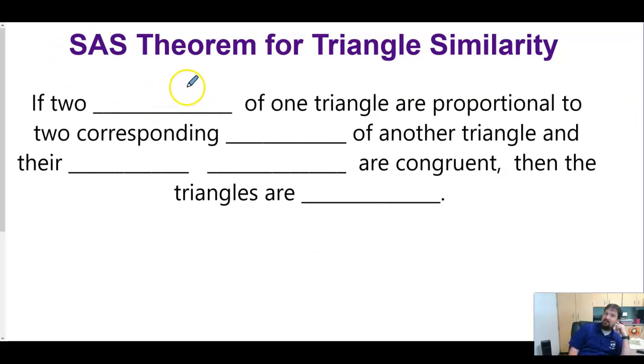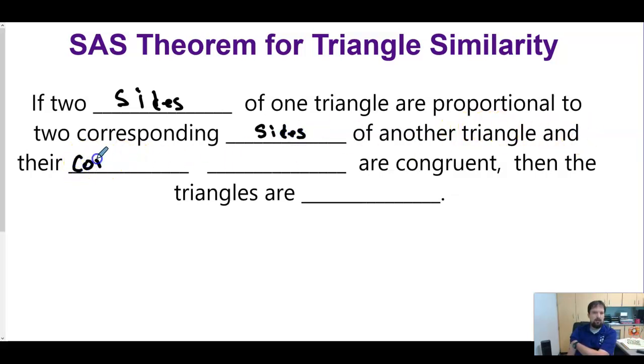Now we have the SAS theorem for triangle similarity. If two sides of one triangle are proportional to two corresponding sides of another triangle, and their included angles are congruent, then the triangles are similar.